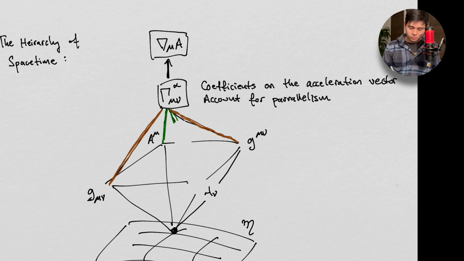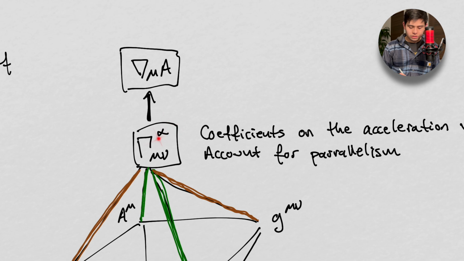We also use these guys, right? They're the coefficients on an acceleration vector, the acceleration of these a mu's, right? So these things help us define this object extrinsically. Our metric tensors help us define this thing intrinsically. And then, ultimately, these guys are used in the covariant derivative.